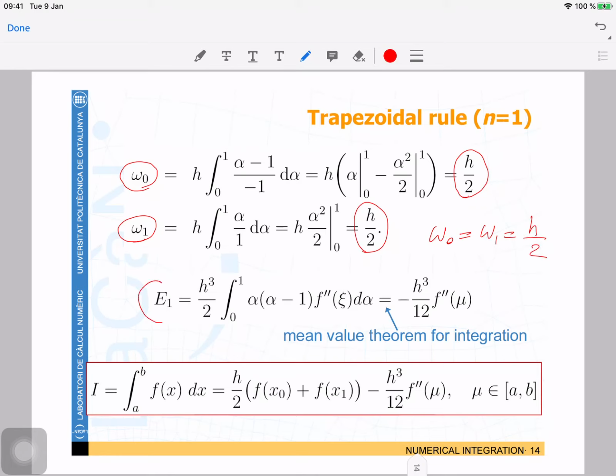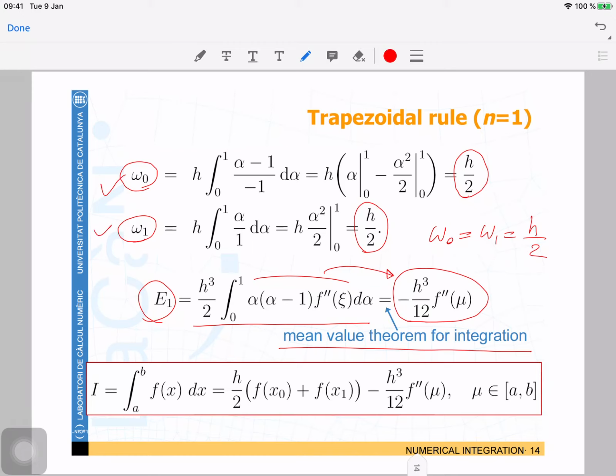For the error term, again, we can use the formula that we introduced in the previous slides, and then we can come up with this term. And for converting this integral to this, we use the mean value theorem for integration. Okay, so having these three terms, we can put them in the quadrature formula.